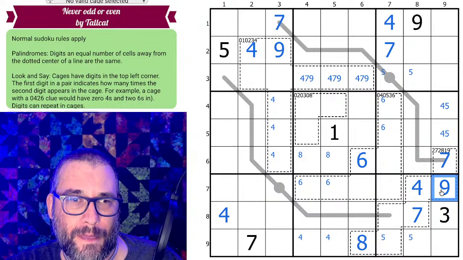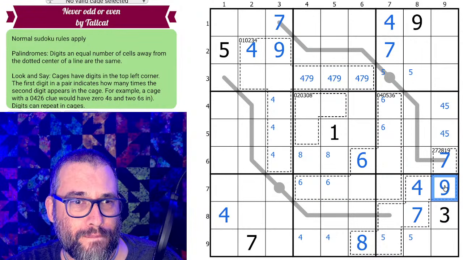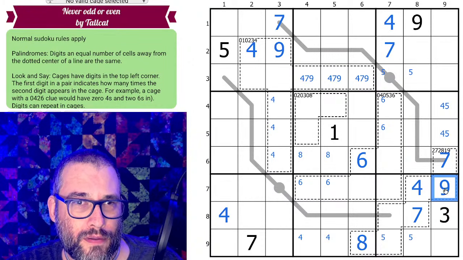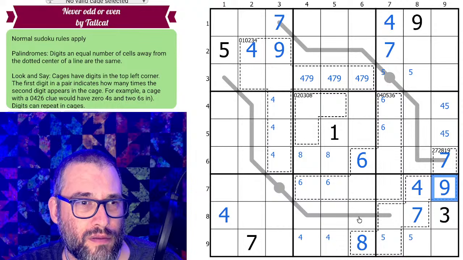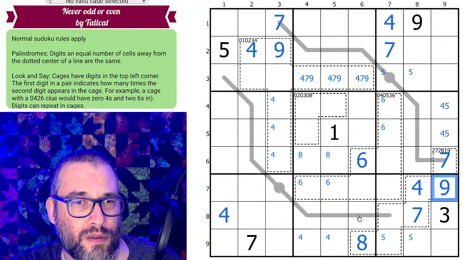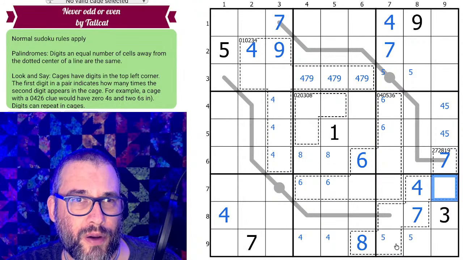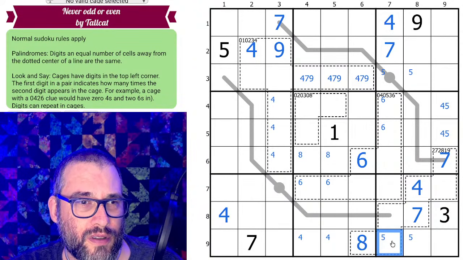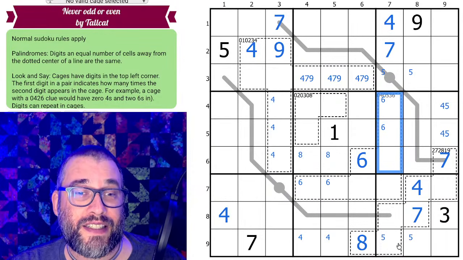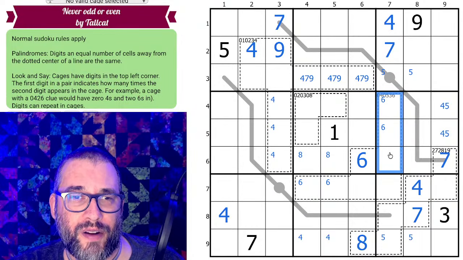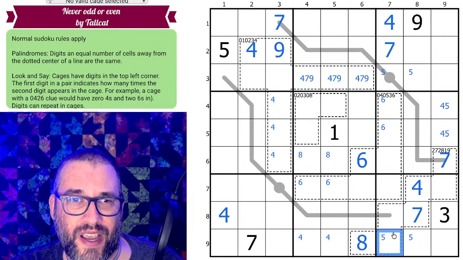9 column 7. Oh. No. The 9 in, I didn't consider it, but one of these is a 9. It's going to look down.